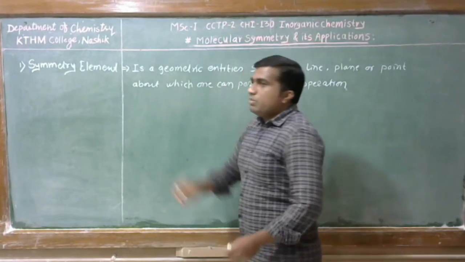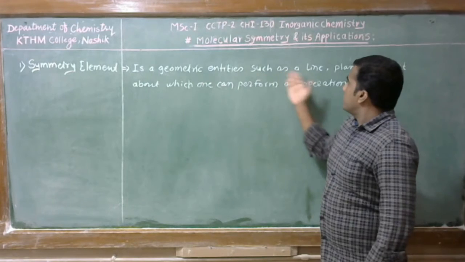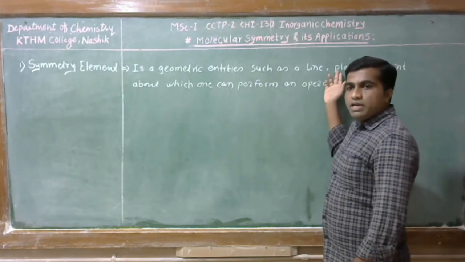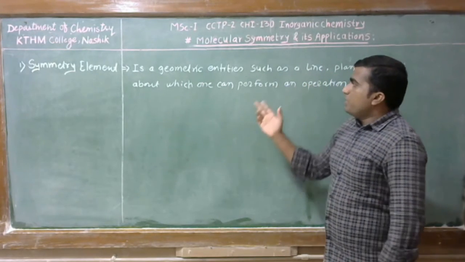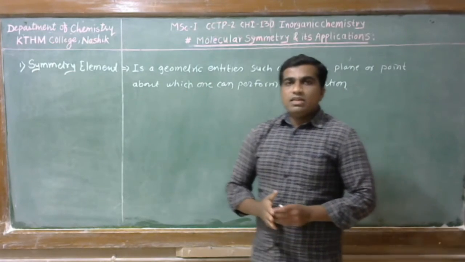So a symmetry element is a geometric entity such as a line, plane, or point about which we can perform any operation.